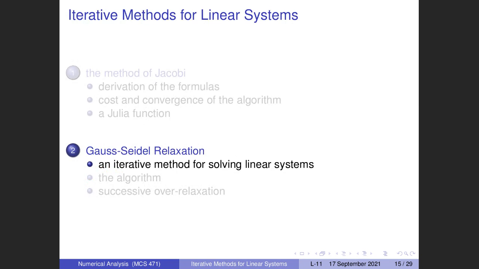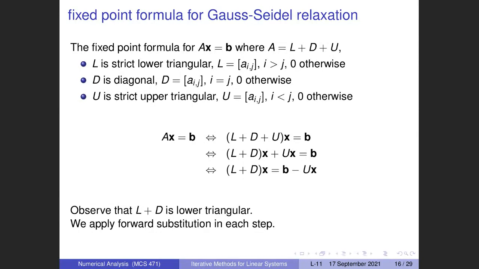All right, so the next method is also an iterative method. It's called Gauss-Seidel relaxation. And it starts in the same way, with the fixed point formula. We actually can relax now our condition that the matrix has non-zero elements on the diagonal.